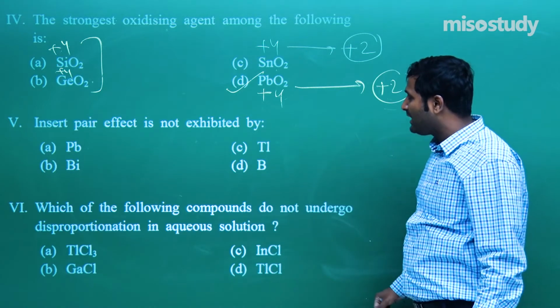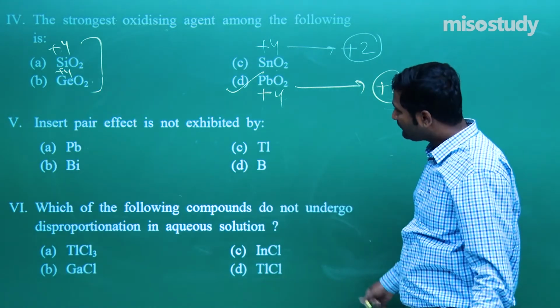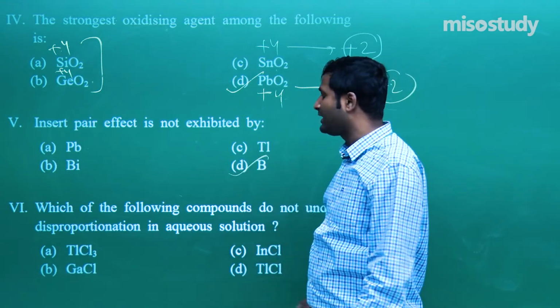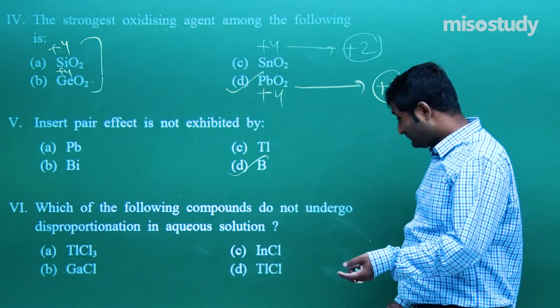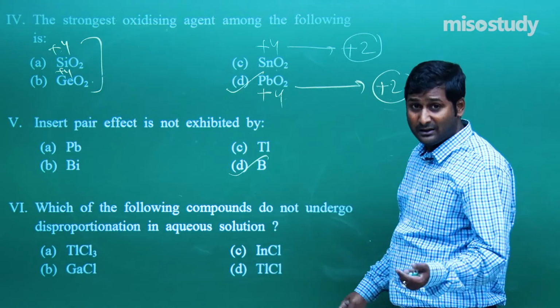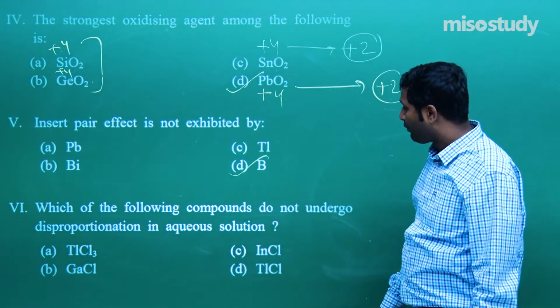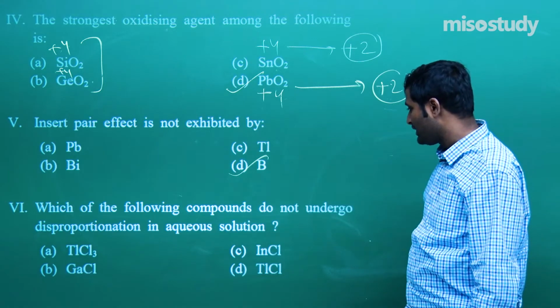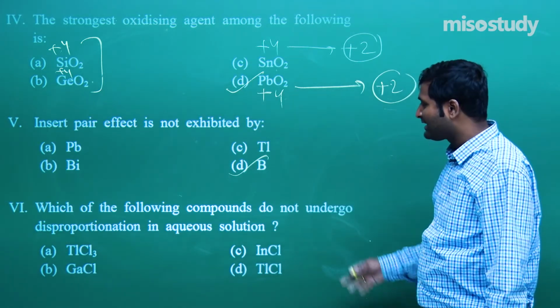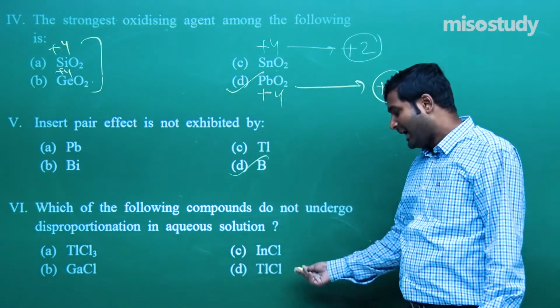Now, the inert pair effect is not shown by boron. After boron comes aluminium till Tl, then carbon also. Now which of the following compounds does not undergo a disproportionation reaction? Disproportionation requires variable oxidation state, as we know.